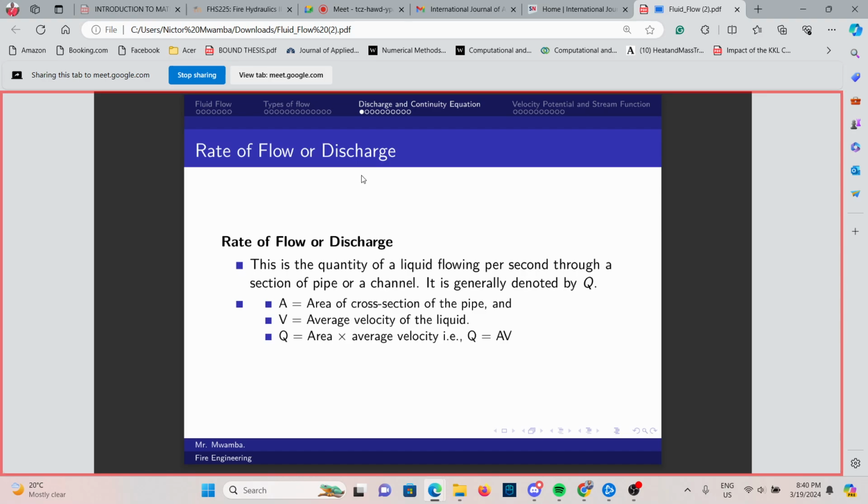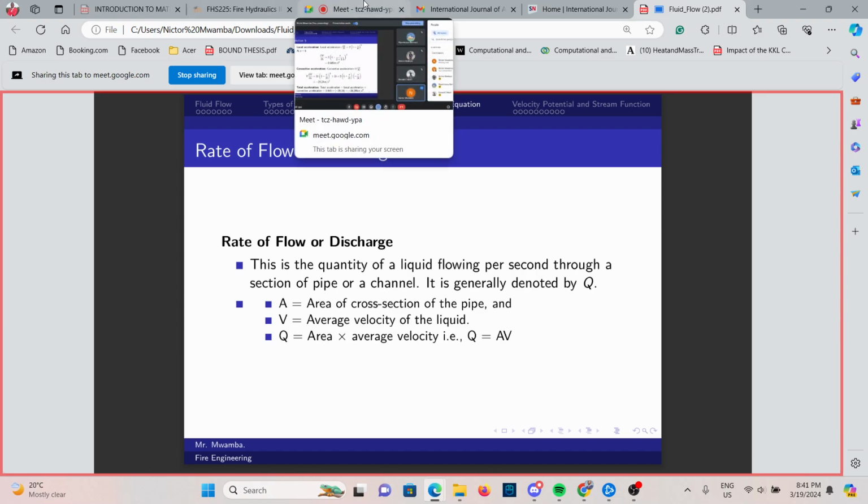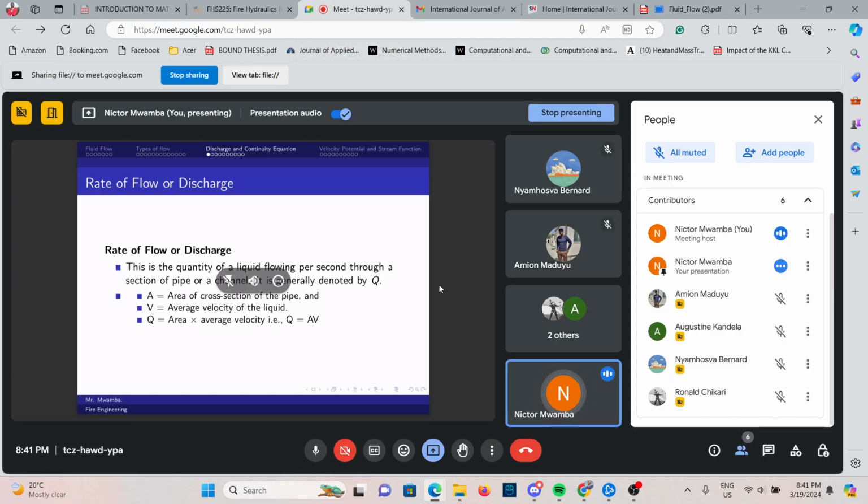That is the discharge. At what rate is it flowing? At what velocity? How does the area of the hose pipe affect the velocity, the discharge, and the flow in general? That will be a discussion for our next class.